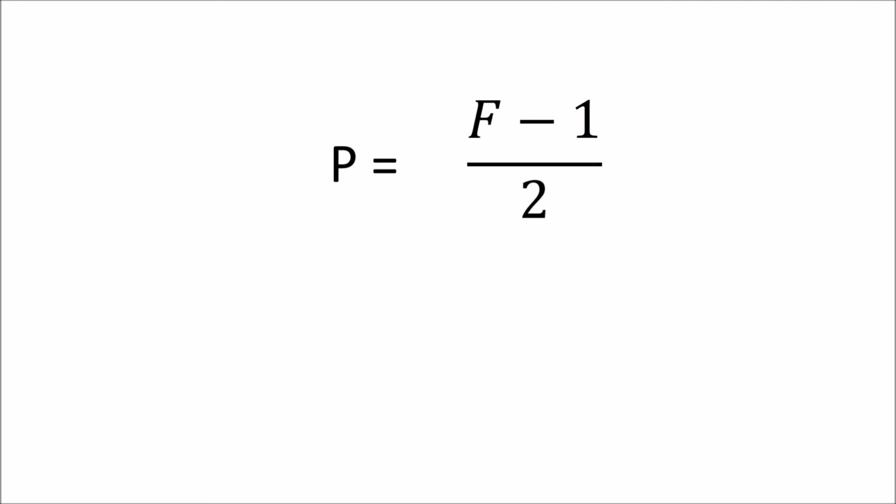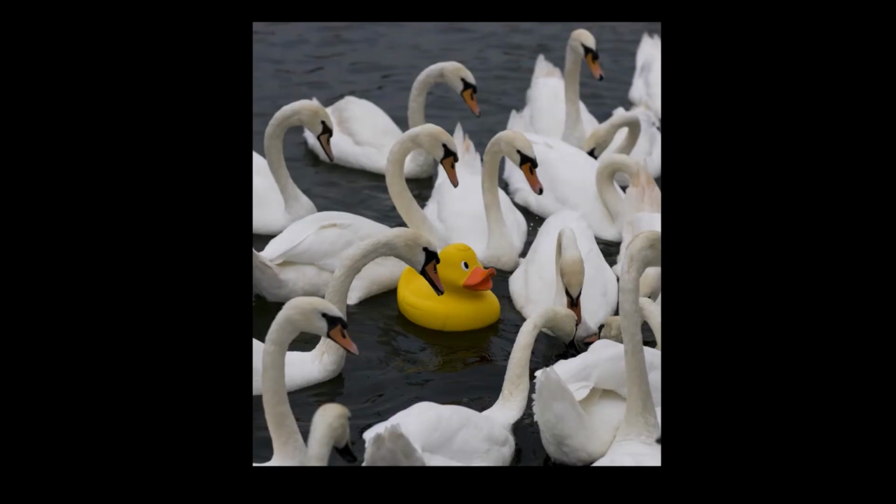Notice we subtract 1, then divide by 2. Do you know what this means? It means it works fabulously well if f is an odd number, but less well, in fact, if it is even. For this and a few other reasons, it is best to keep our filter dimensions odd.